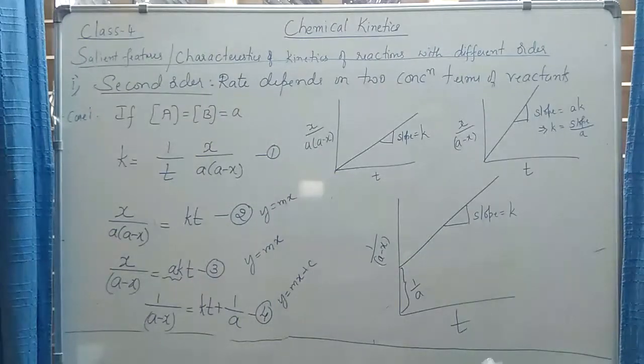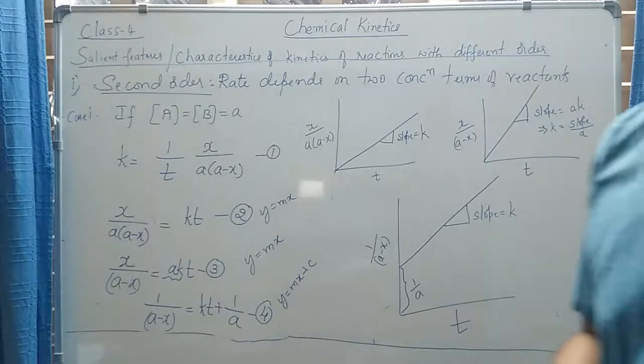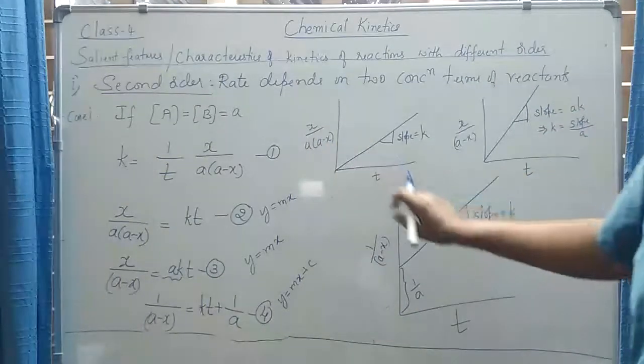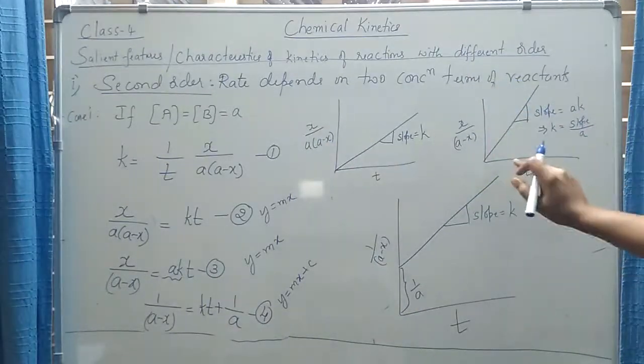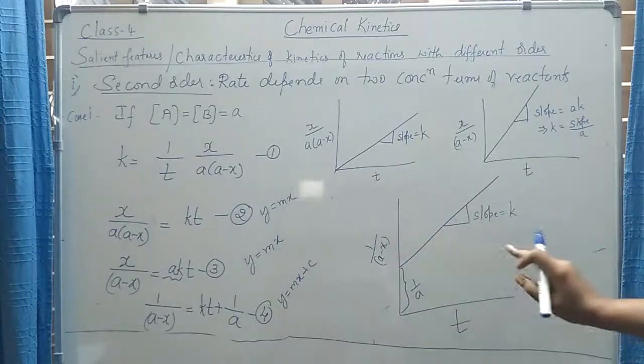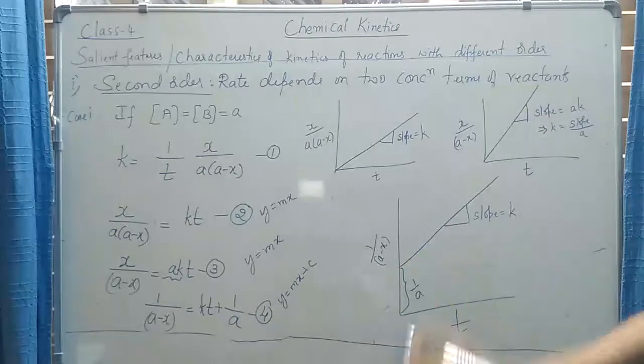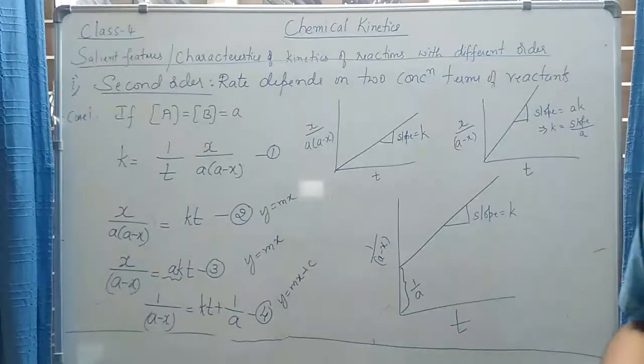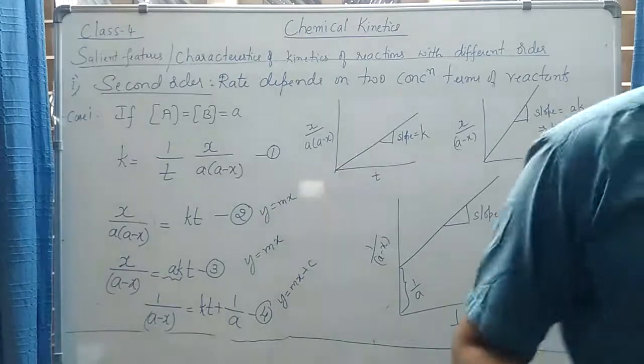So you have several ways to determine whether the reaction is second order. You can either plot x by a into a minus x versus t, or x by a minus x versus t, or 1 by a minus x versus t, and from any one of these you can easily find out whether the reaction follows second order, and if yes, what the rate constant of the reaction is.